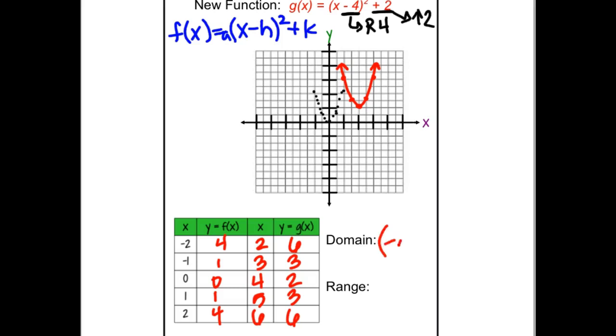Domain, as always, is negative infinity to positive infinity, and your range, it bottoms out at that positive 2, which means my range goes from 2, square bracket, to infinity.